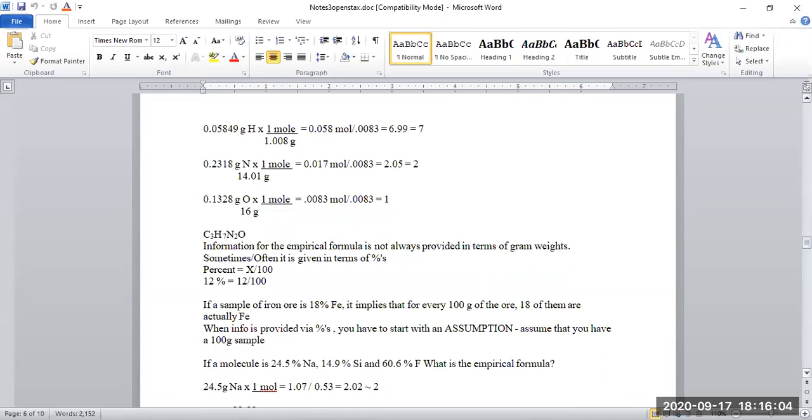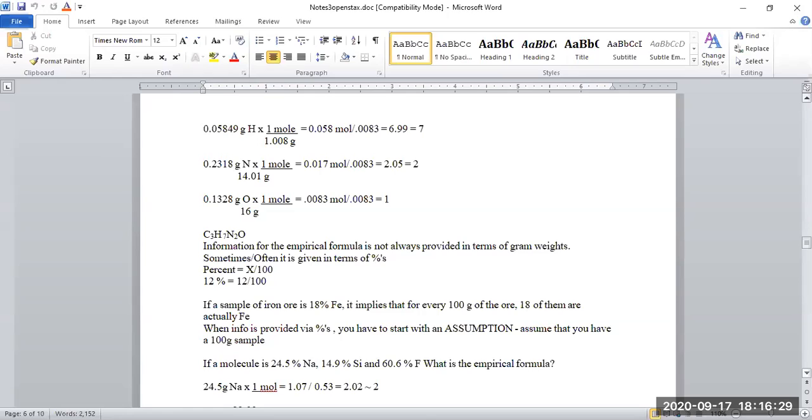Not everything that you see that asks you to calculate an empirical formula will give you grams as your starting point. Sometimes they're going to tell you percentages. Okay, go back and think mathematically about what a percent means. Percent means some number out of 100.